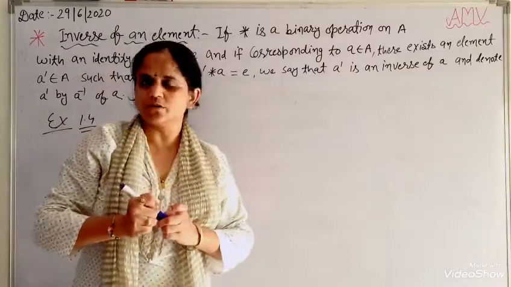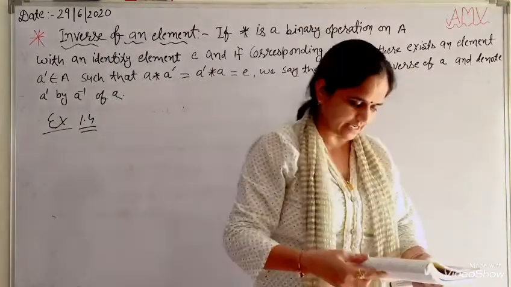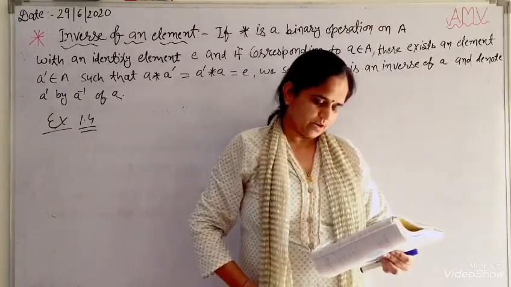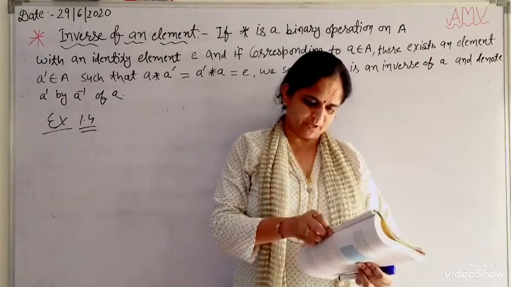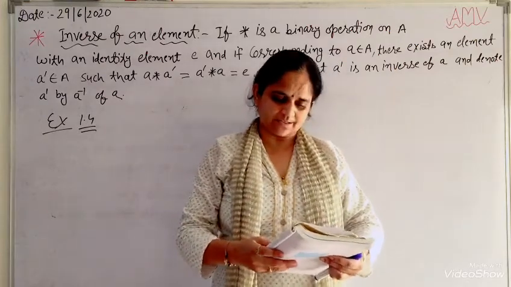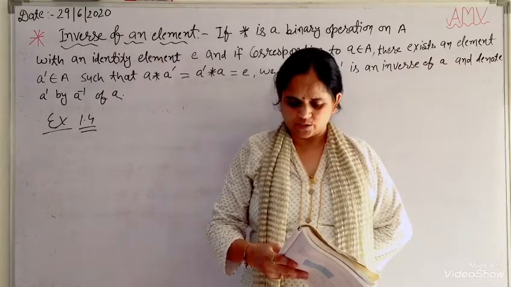You also open your textbook, students. The first question of the exercise is: determine whether or not each of the definitions of star given below gives a binary operation. In the event that star is not a binary operation, justify.